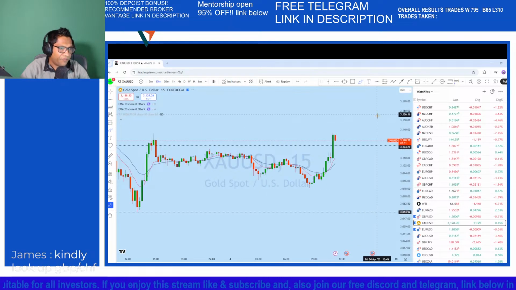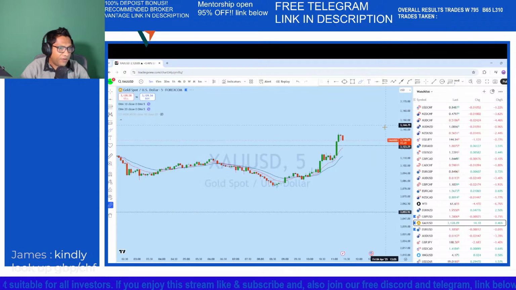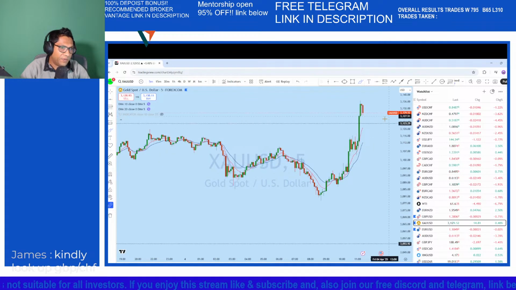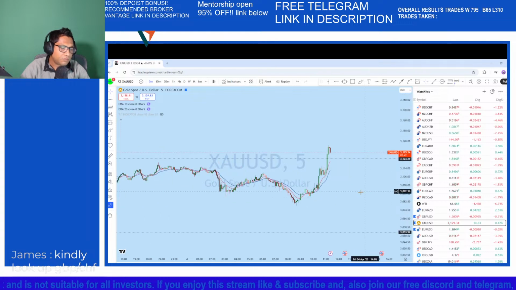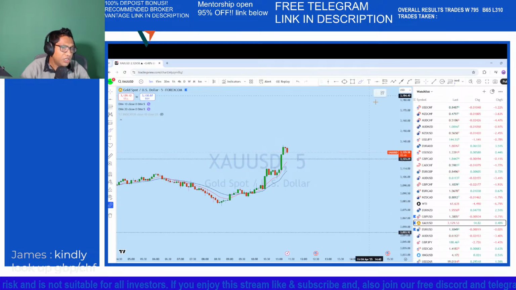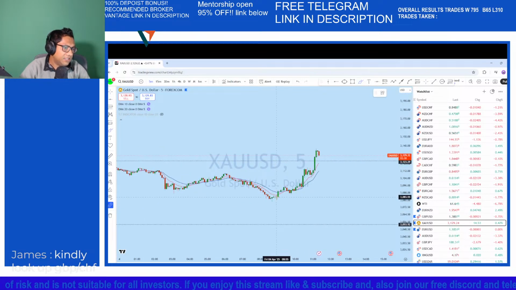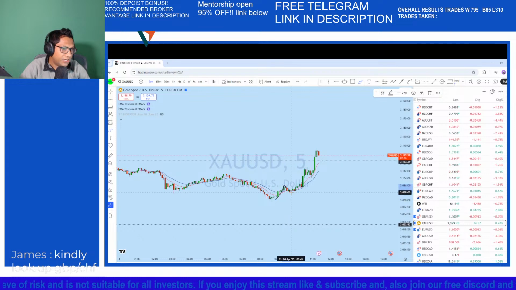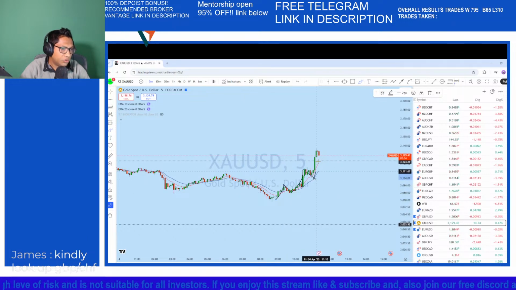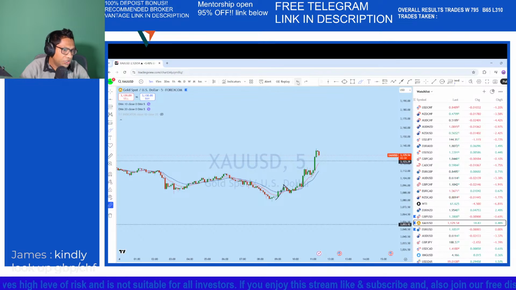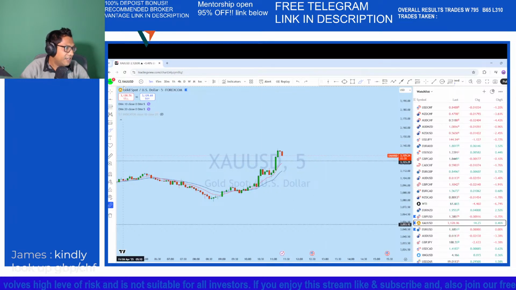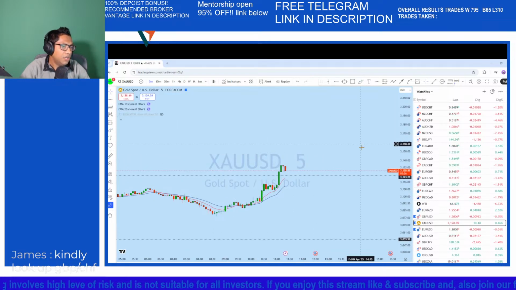Now looking at the 15 minutes and the 5 minutes candlestick pattern here, the 5 minutes trend is very, very bullish, where you see that this is a move correction. So the market trend is absolutely bullish, which is a pretty strong bull market here on XAUUSD.